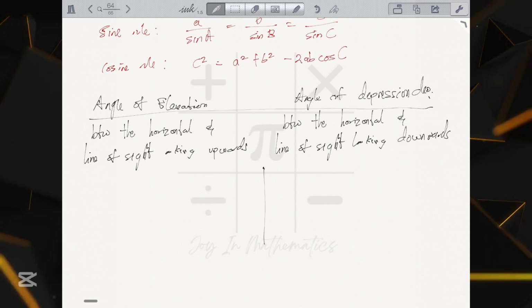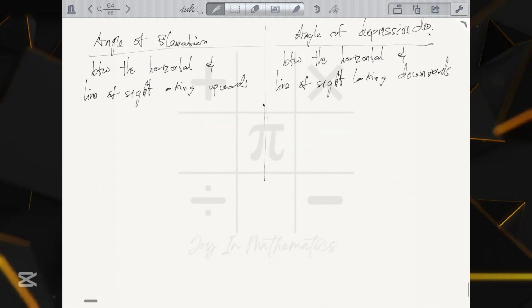So let's have a graphical representation of this so that we will have understanding. Now we have a tower here, and there's someone standing just at the base of the tower, and the person, from his observer eyes, is looking at the top of the tower upwards.